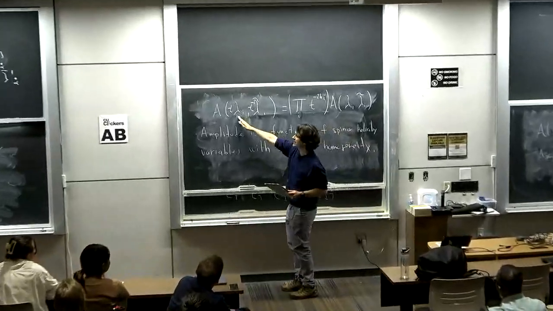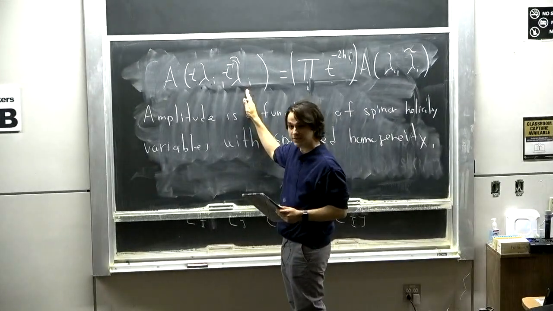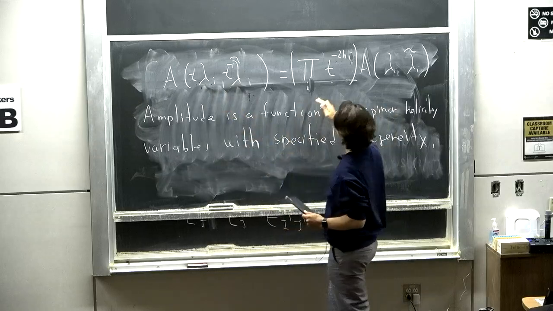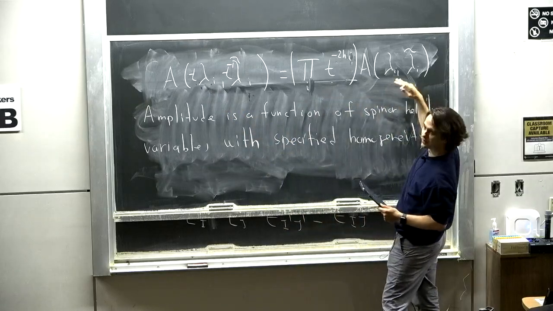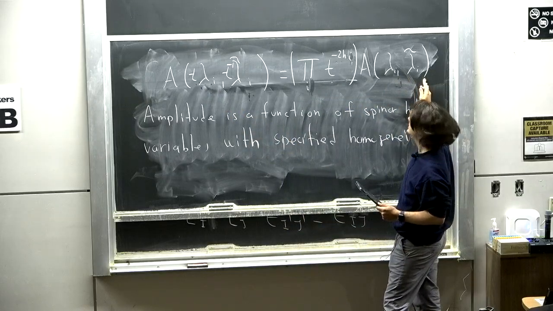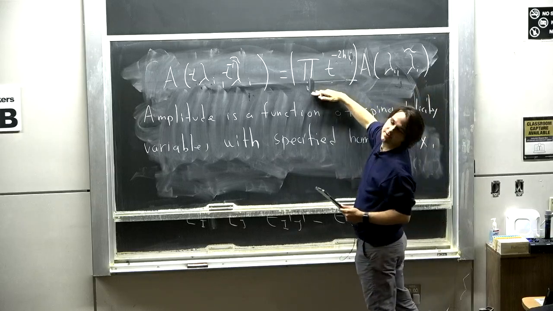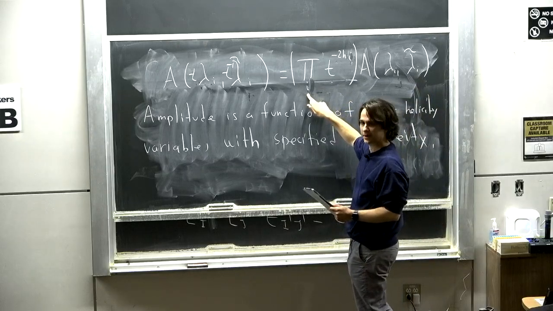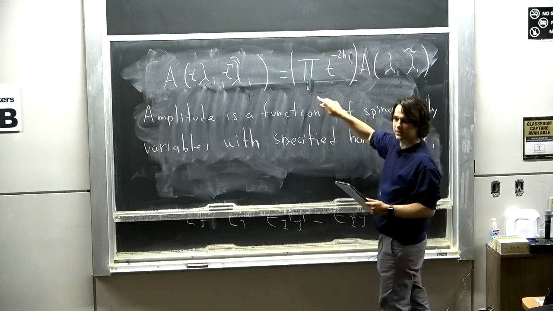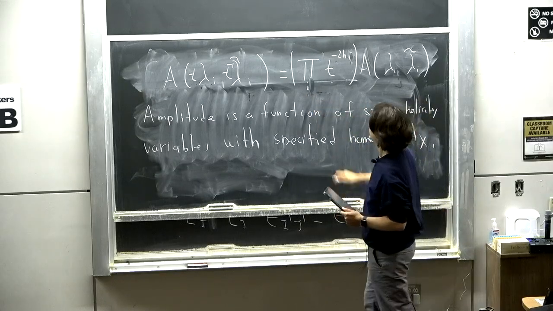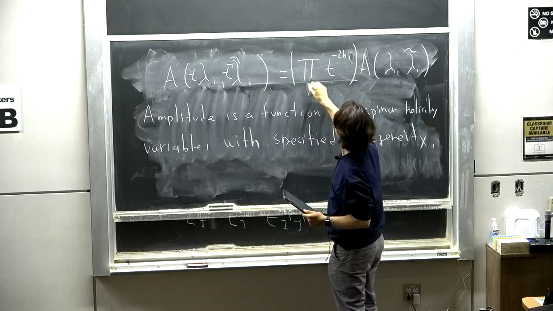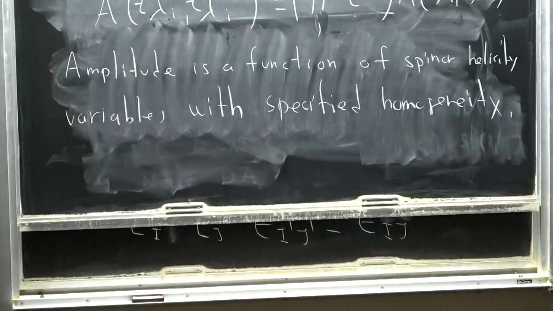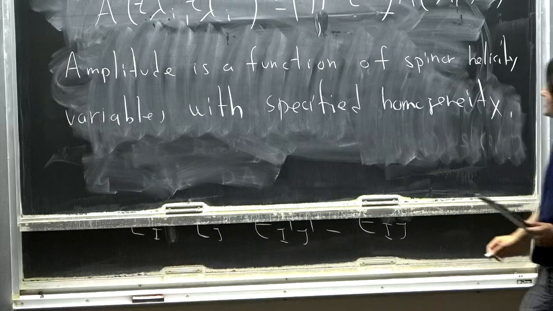This is a function of the spinor-helicity variables of each particle, and when I rescale all of them by t, I get the amplitude again, which is still a function of those, multiplied by some phase which depends on the helicity of each one of the particles. So this is some prefactor, a product over j with the j in the exponent. Yeah, okay, maybe that's better. Not that my i's and j's are very different.